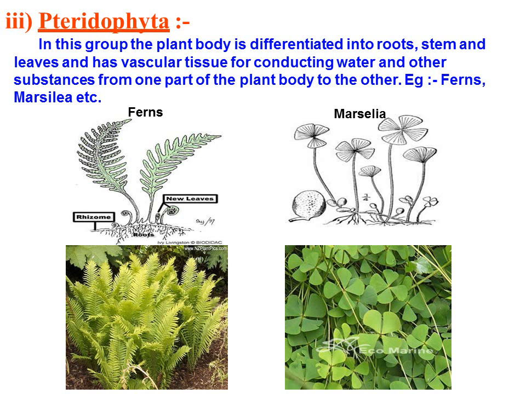As we discussed, what do you mean by vascular tissue? This tissue helps the plant to perform various activities. For example, let's take a simple plant.